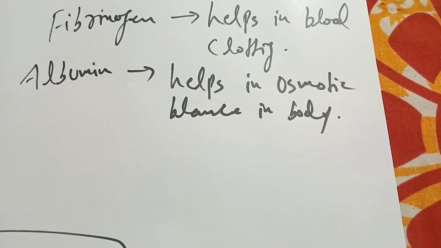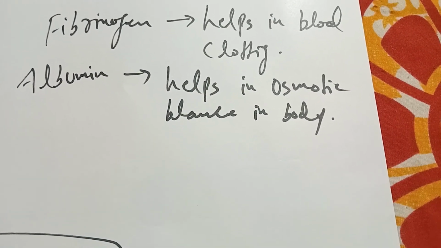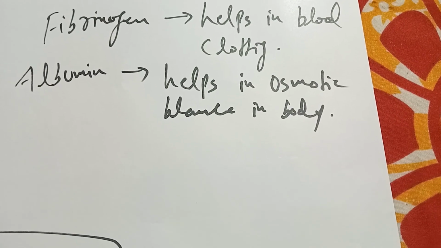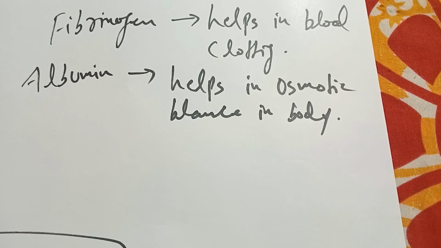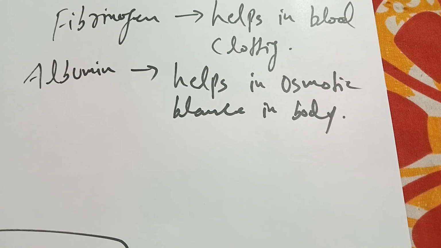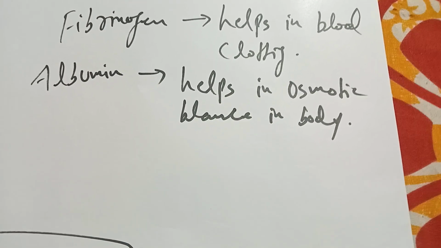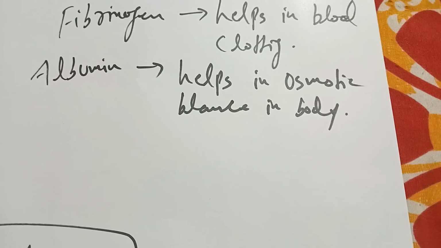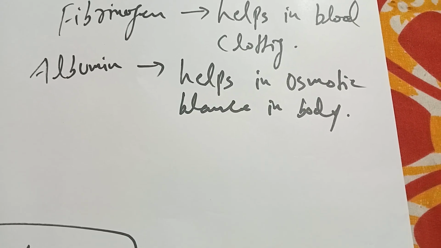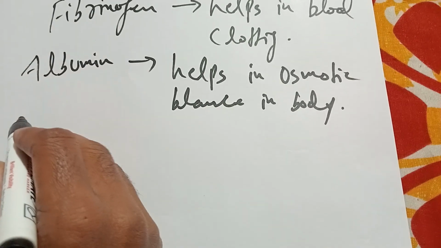That means the balance of water and minerals in the human body is maintained with the help of albumin. So albumin helps in osmotic balance. The next protein is globulin.